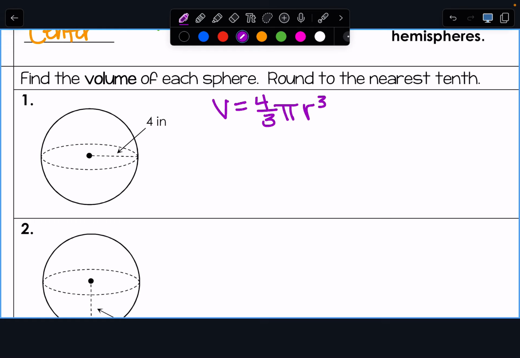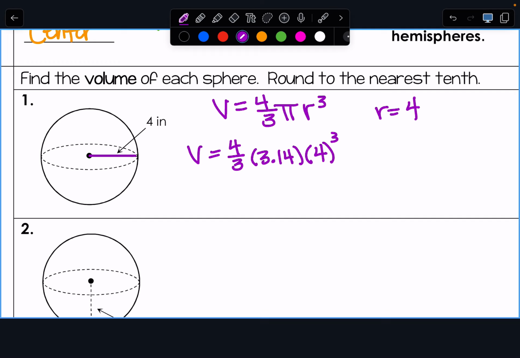Okay? So what is the radius in number 1? 4. Our radius is 4. So I'm going to write that my volume is 4/3 times 3.14 times 4 to the third.